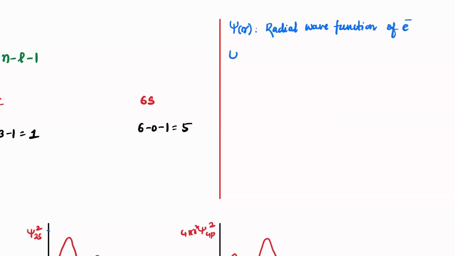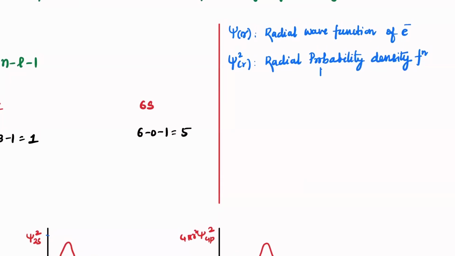Got it? Psi square we call the radial probability density function, or simply probability density function. Simply, probability density function means we are talking about psi square. An easy way to remember is PDF.